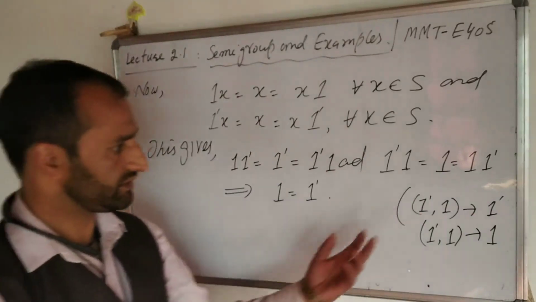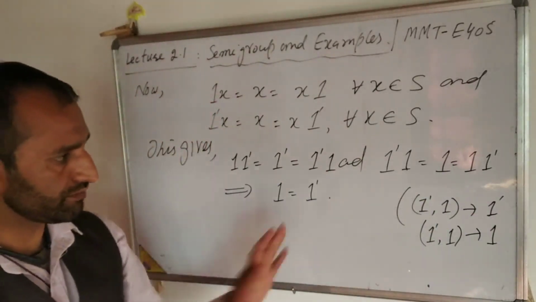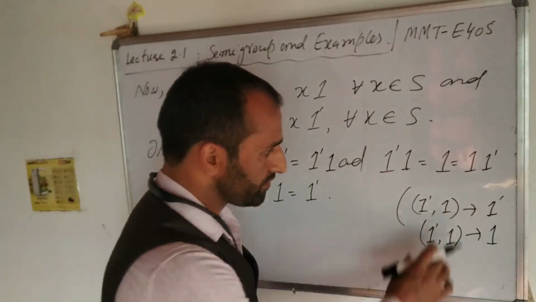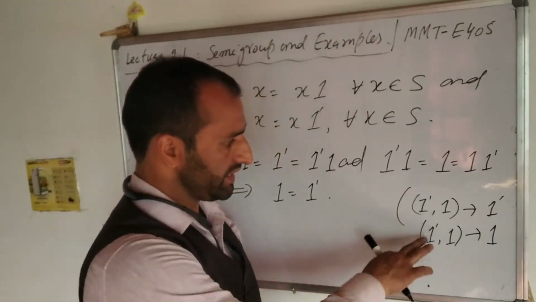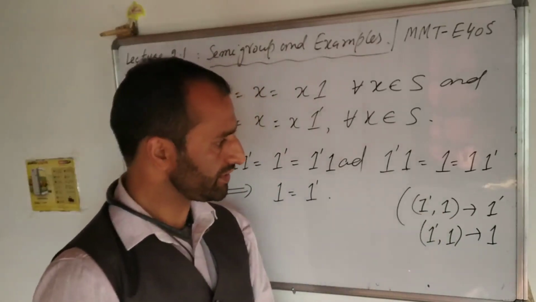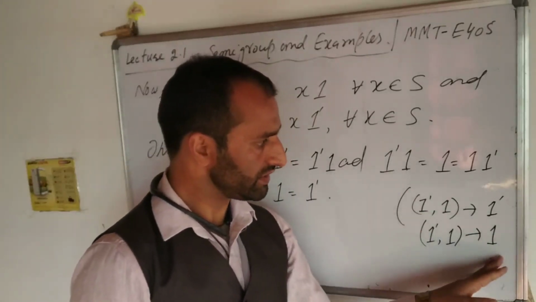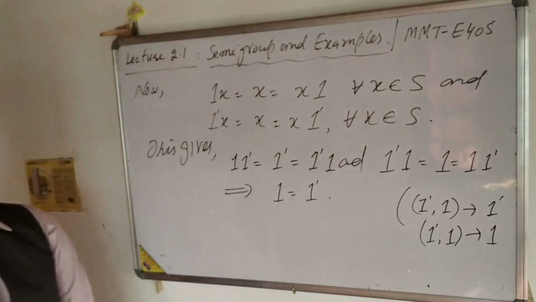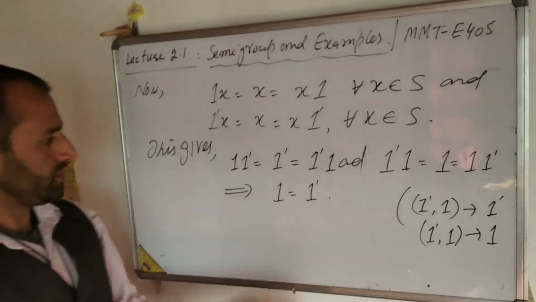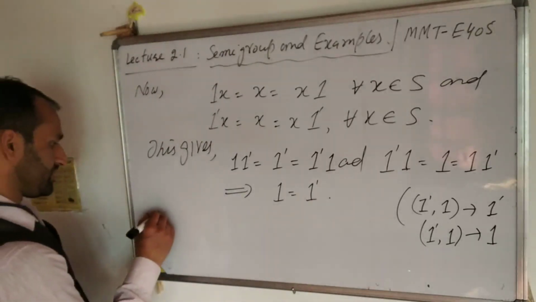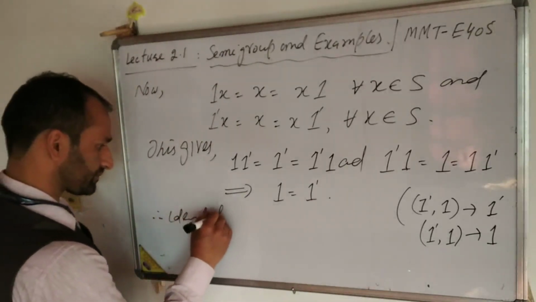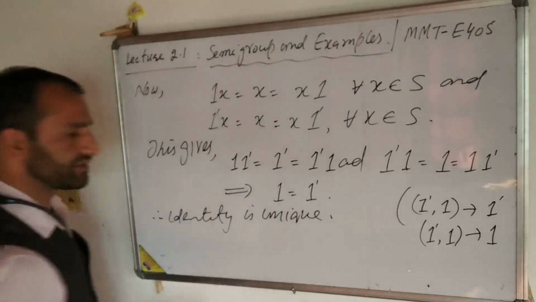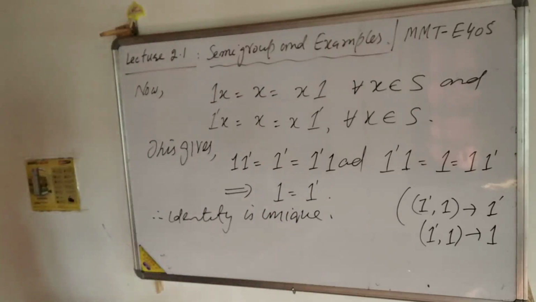Since the binary operation is a map from the cross product to the set S, and these two elements of the cross product are equal, the images must be equal. Here the image is 1 dash and here it's 1, so 1 is equal to 1 dash. Therefore identity is unique.